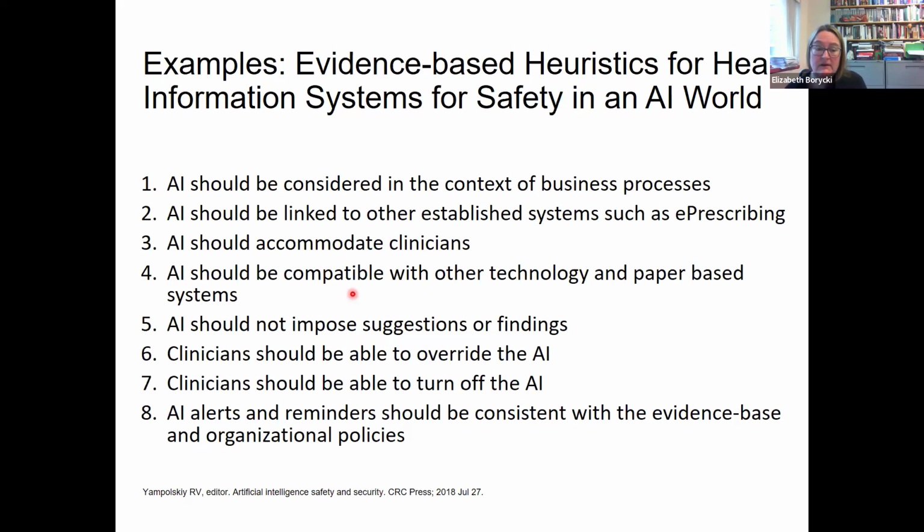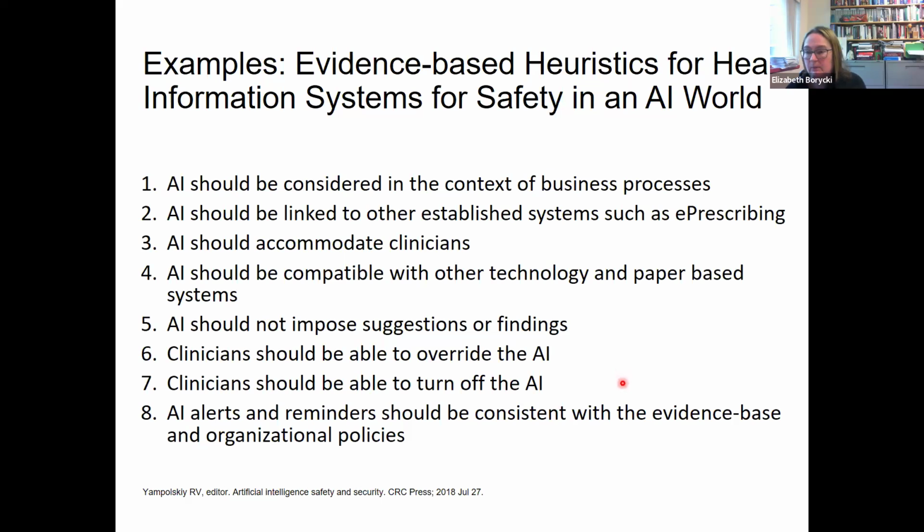For example, oximeters. AI should also provide suggestions and findings, but it shouldn't impose them on the clinician. Clinicians should still use their own knowledge and judgment in deciding what to do with the patient, especially if the technology is providing information that is inconsistent with their assessments.